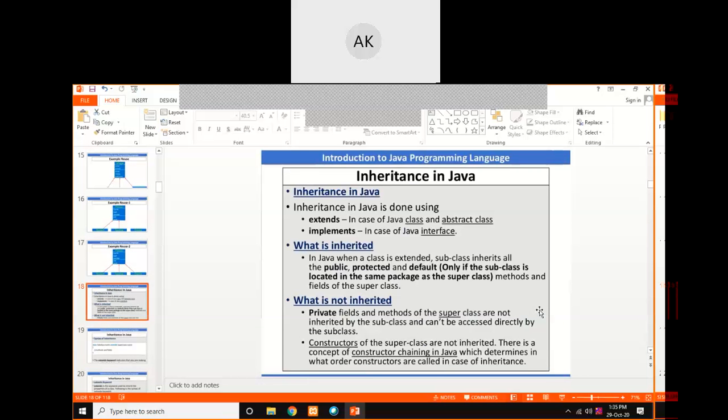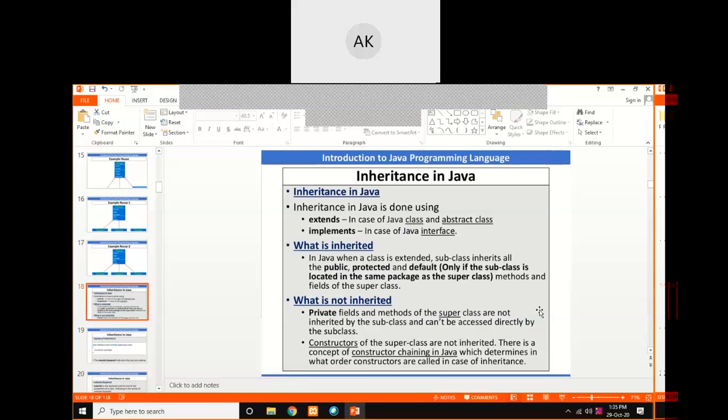Now, the very important thing, how we are going to use inheritance in Java, right? In order to implement inheritance programs in Java, we are supposed to use two keywords. The very first is extends and the other is implements, right? Whenever we want to apply inheritance in Java, we use the extends keyword.